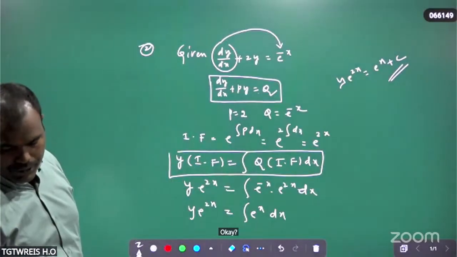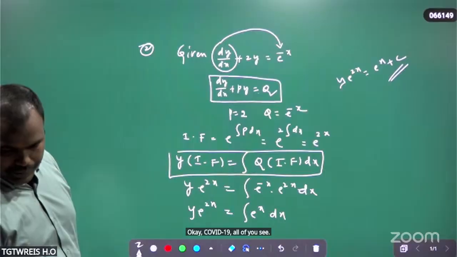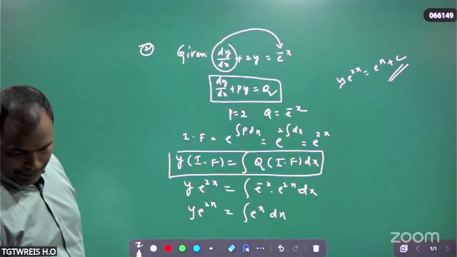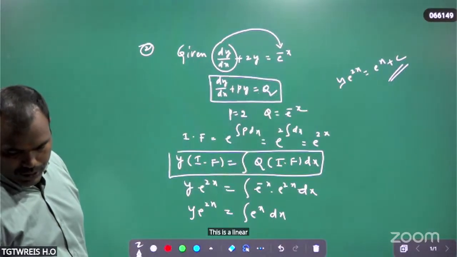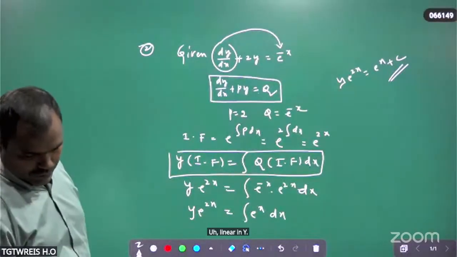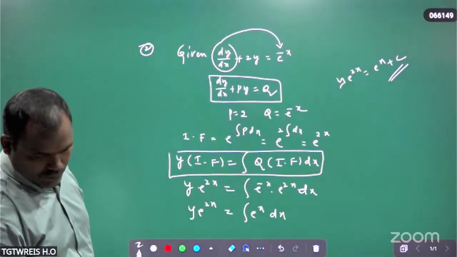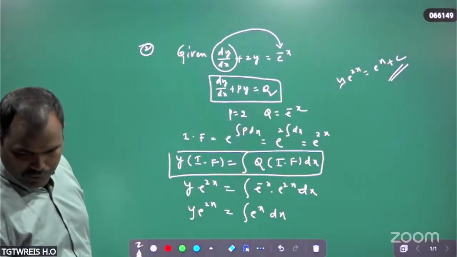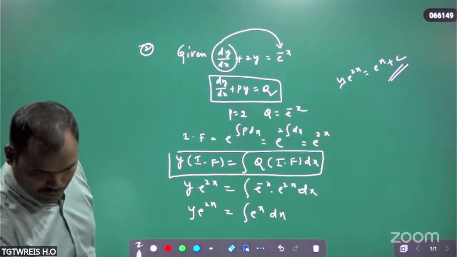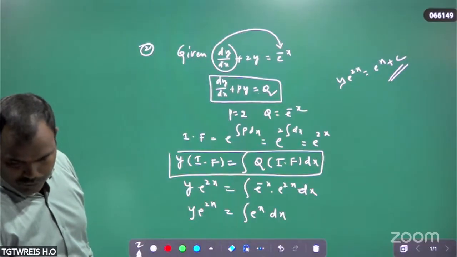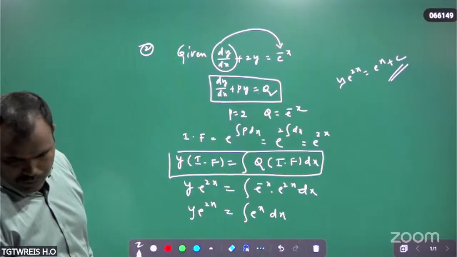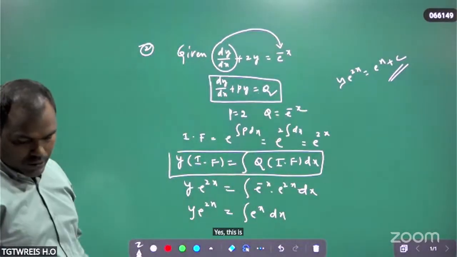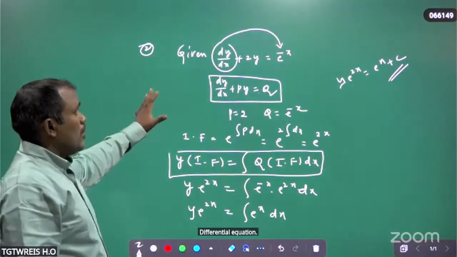Okay. Copy it now. All of you see. This is a linear differential equation, linear in y. Yes, this is a linear differential equation.